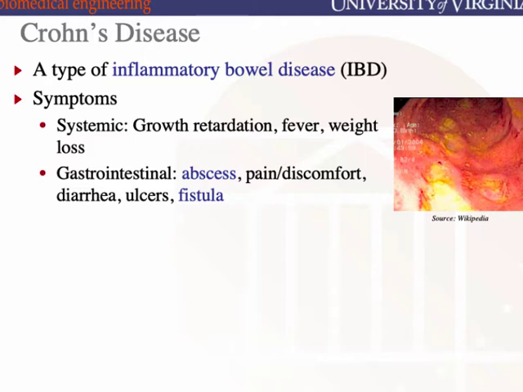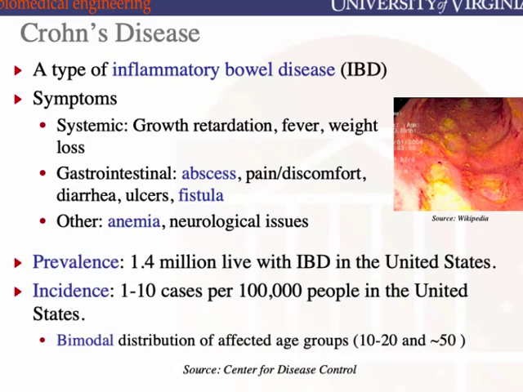And as you can imagine, if I have a tunnel of tissue within my GI tract, it's a place where more bacteria can grow and colonize and accentuate the problem. Other symptoms include anemia and neurological issues, and we've talked about anemia before.